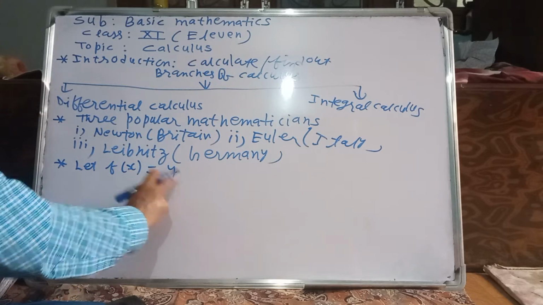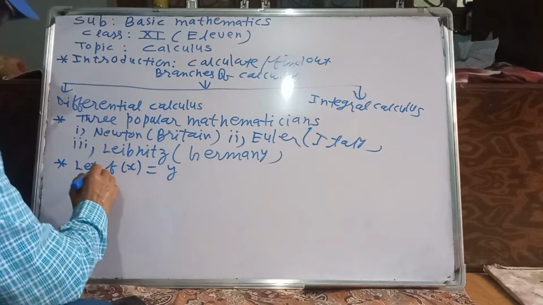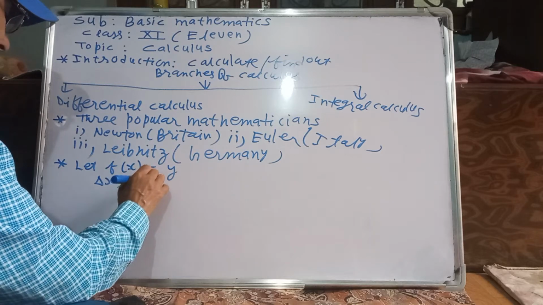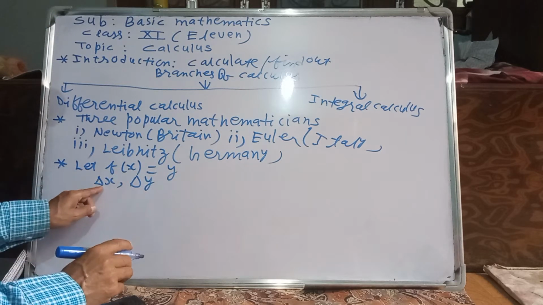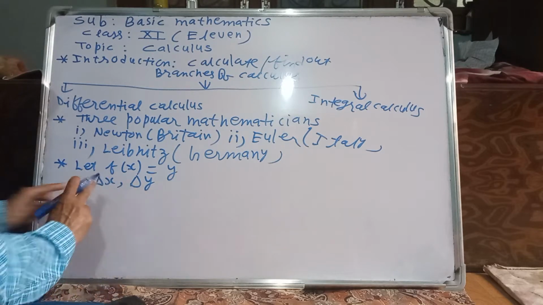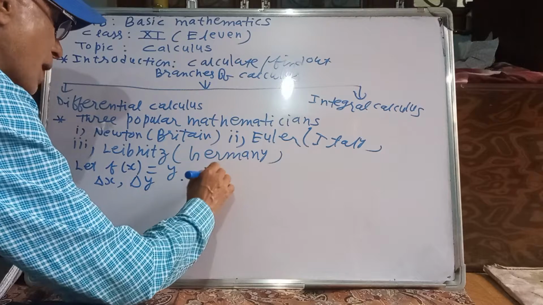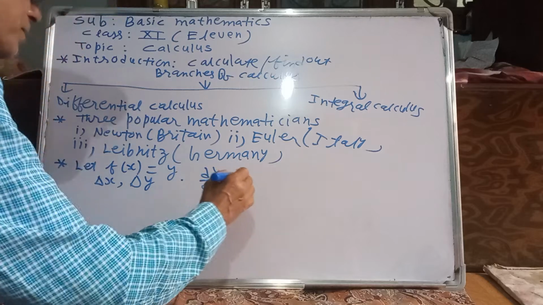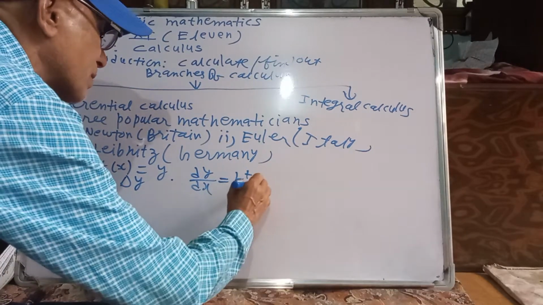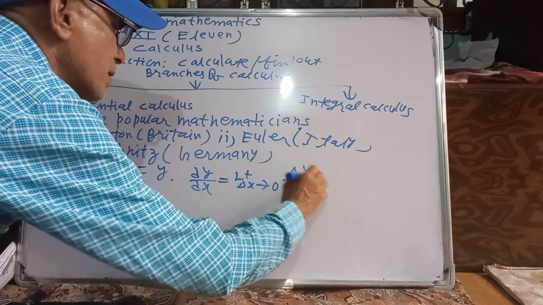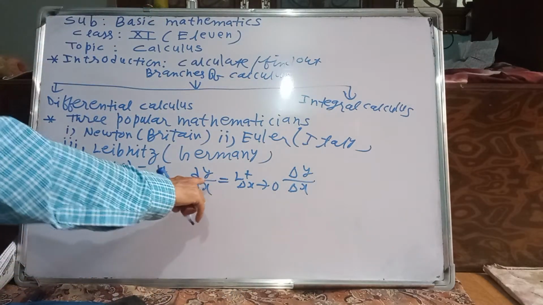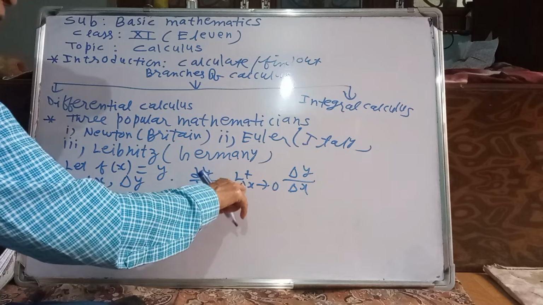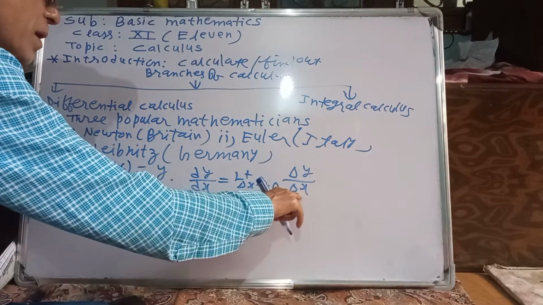If delta x and delta y are the small increments in x and y, then dy by dx, the differential coefficient of y with respect to x, equals limit delta x tends to 0 of delta y by delta x.